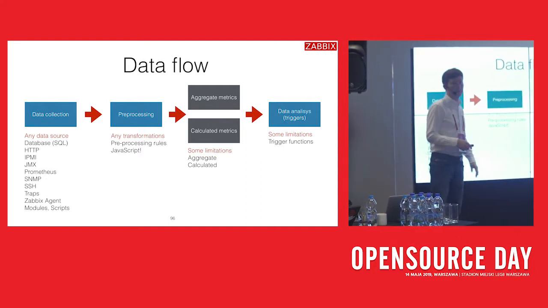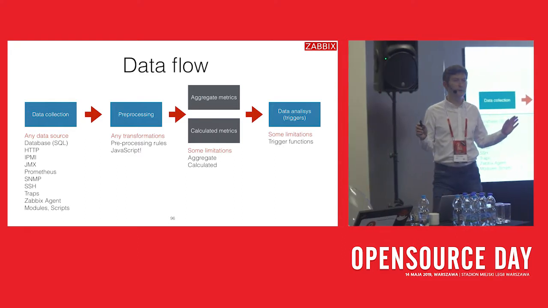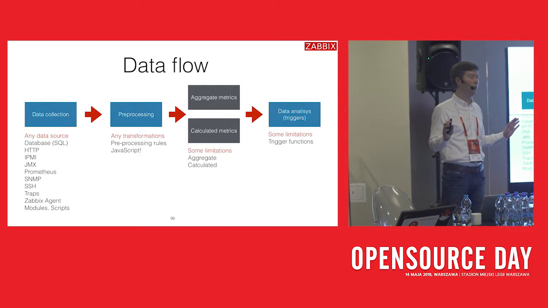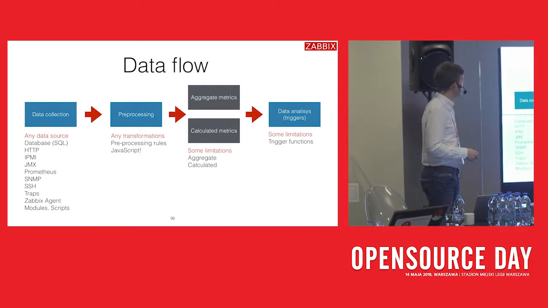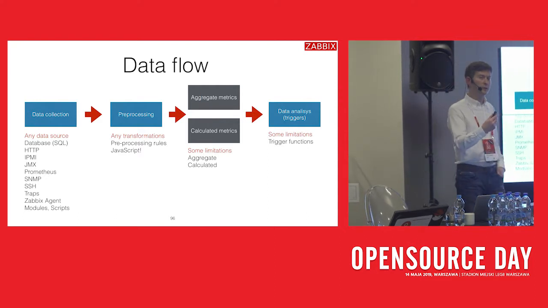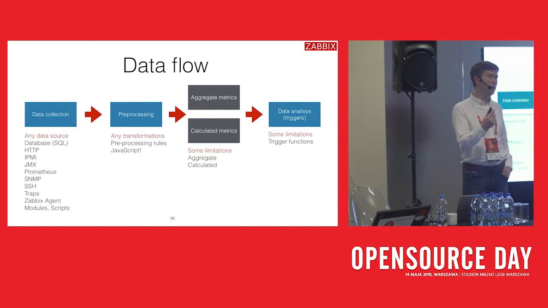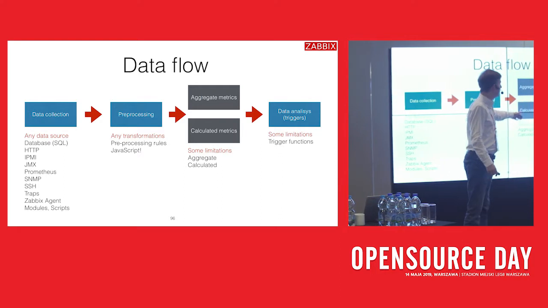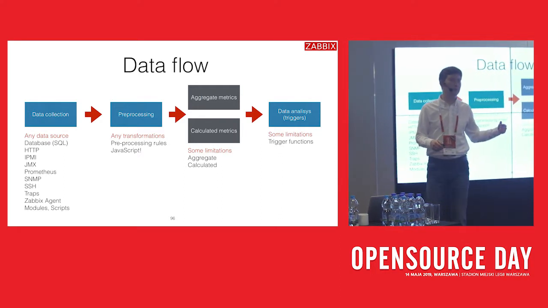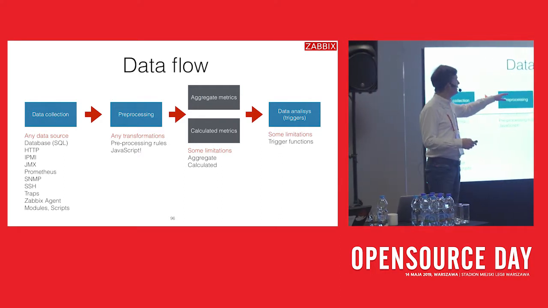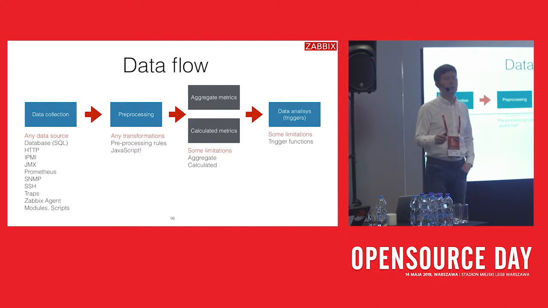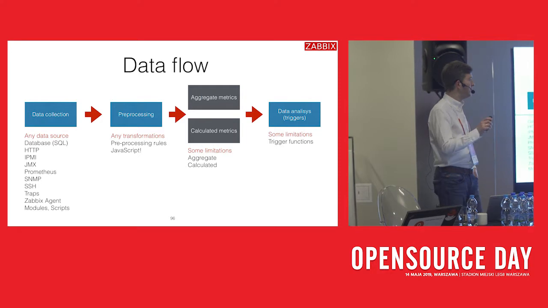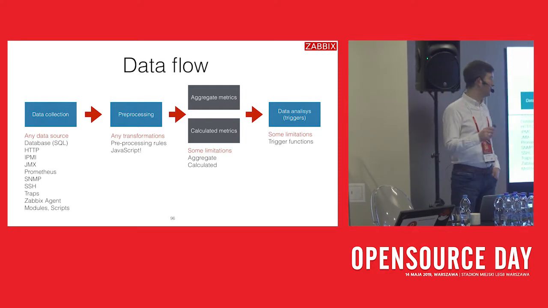Preprocessing as well. We are not limited to preprocessing options. Now we have JavaScript. We can do whatever we want with our data. But when it comes to aggregation, we still have some limits. We have some limits on the level of aggregated metrics and calculated metrics. I will talk about these limits a little bit more. And data analysis triggers, also we have some limitations. Some quite, I would say, stupid limitations.